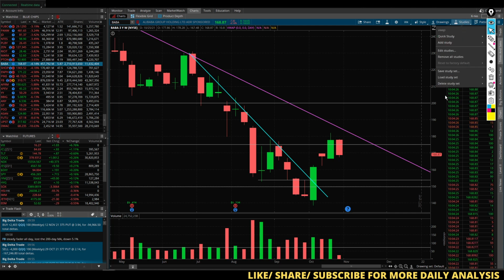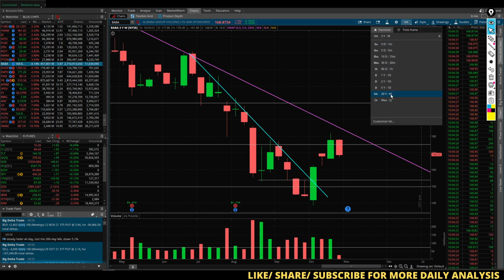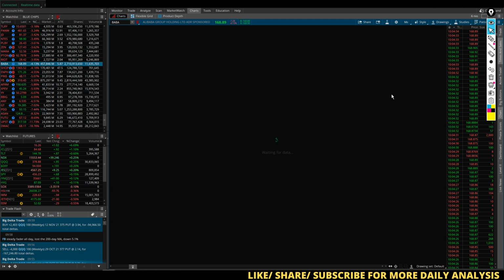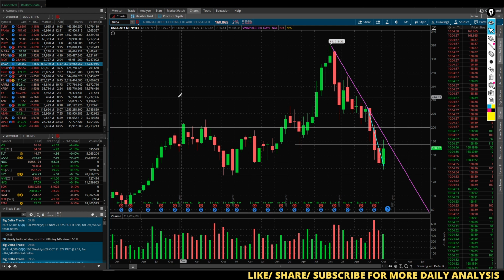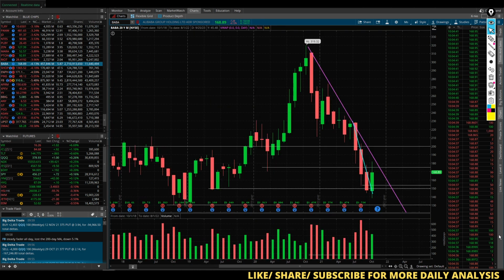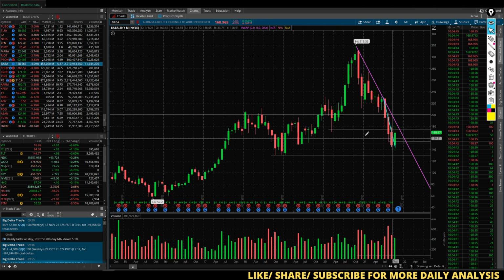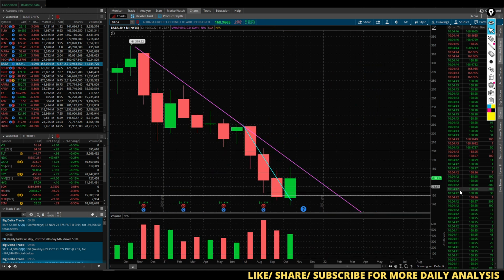Also, let me switch to maybe a monthly chart. October is not over yet, but I would like to look at different time frames when I'm looking at a stock with a longer term perspective and a shorter term perspective. For short term, I can use like 30-minute, 15-minute, 1 day, maximum.